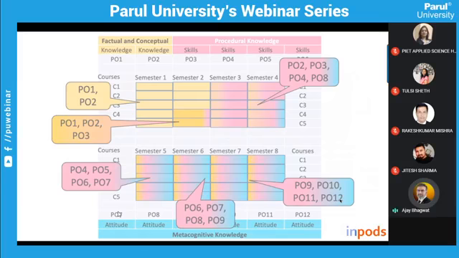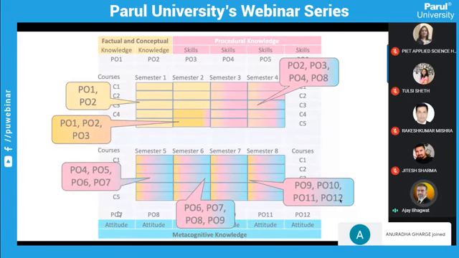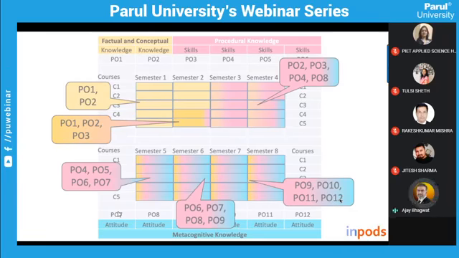In the terminology used in some of the accreditation processes, this model is called the program articulation matrix, which is nothing but creating a relationship between the course and the program outcomes being made by that course. So this is the way this mapping is done.